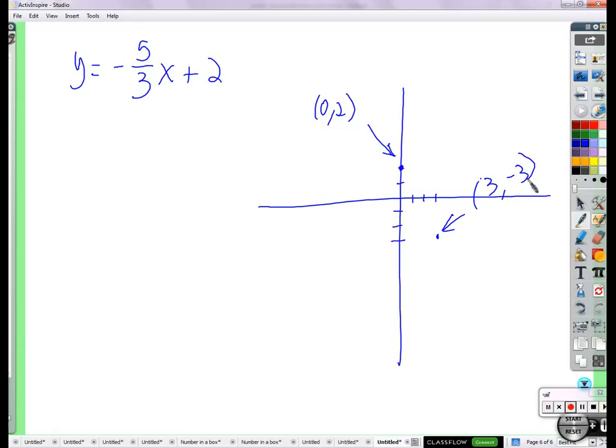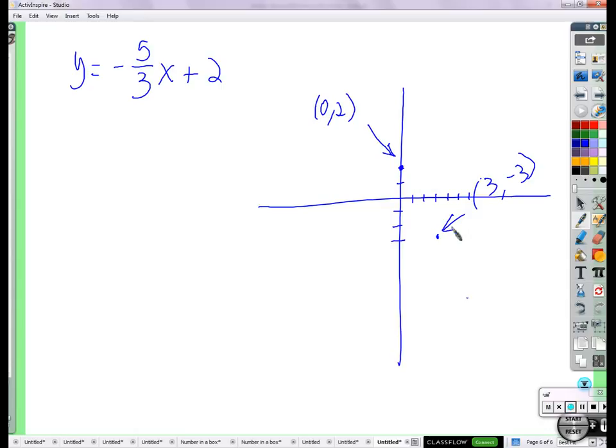And then, if I were to go to the right 3 more, to 6, when I plug 6 in here, I know the 6 is going to be divided by 3, and that's just going to leave me with a 2. And 2 times negative 5 is negative 10. Well, I'm already 5 down from 2. If I move down another 5 from there, then I'll have gone down 10 from 2, right?